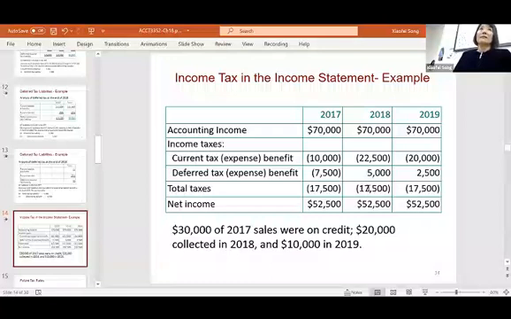So the tax is 17,500. Again, the third year, the current portion, the tax you have to pay, is 20,000. And then there is a 2,500 deferred tax benefit. So your tax expense is 17,500 again.